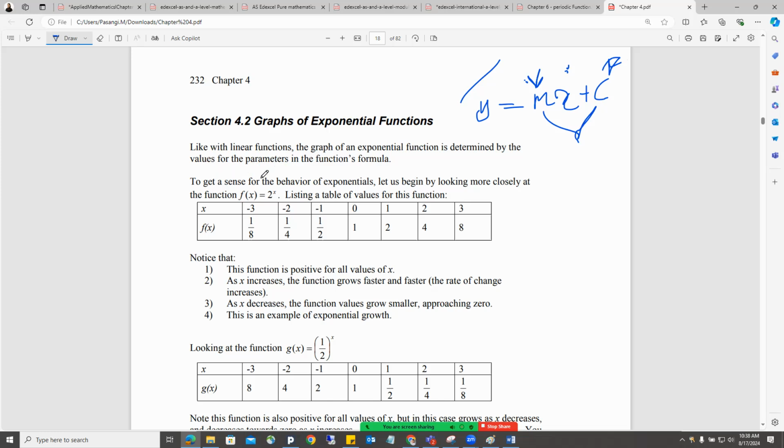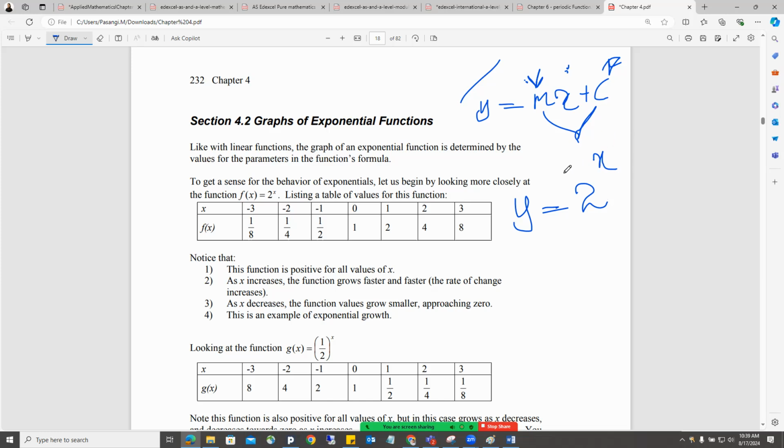Now, to get a sense of the behavior of exponentials, we are going to draw these exponential curves. For example, let's assume we are going to draw the graph of y equals 2 to the power of x.